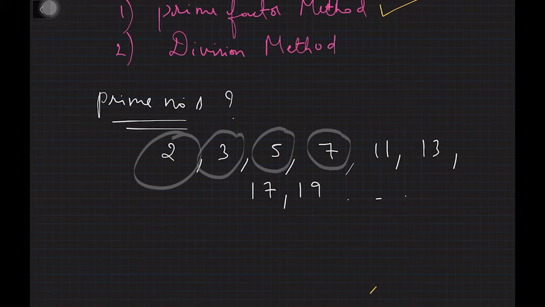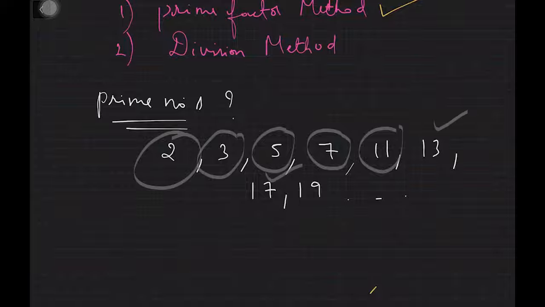And let's go to 7. 7 is divisible by 1 and it is also divisible by 7, but apart from 1 and 7, no other number divides 7. Similarly, 11 is divisible by 1 and 11 itself, and no other number apart from 1 and 11 divides 11. Similarly with 13, 17 and 19. The only common factors of these numbers are 1 and the number itself. Therefore, these numbers come under the category of prime.